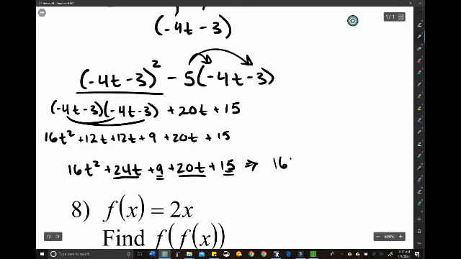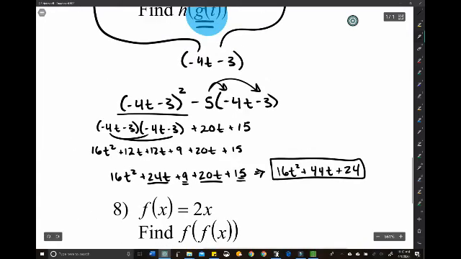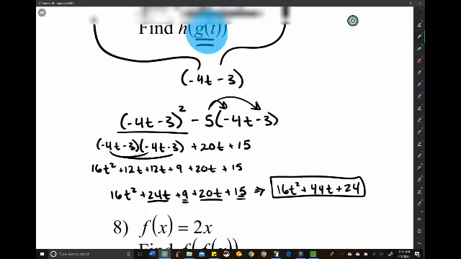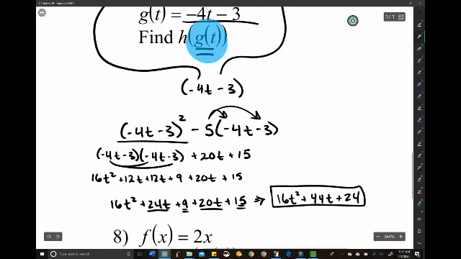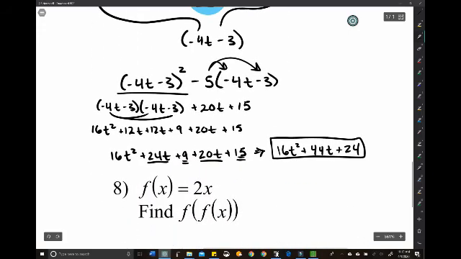So 16t squared plus 44t plus 24. That is the composition of those. So a little more challenging, but it's been a while since I really challenged you. Overall, though, that first step is the vital part, substituting everything in and then going from there.